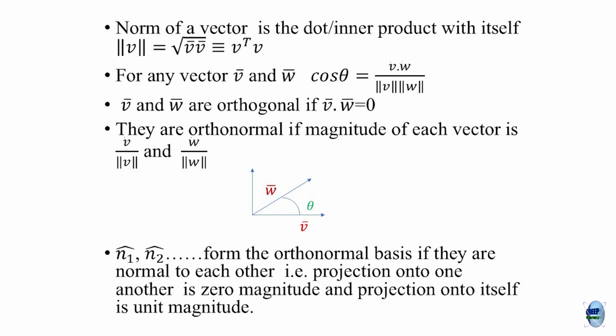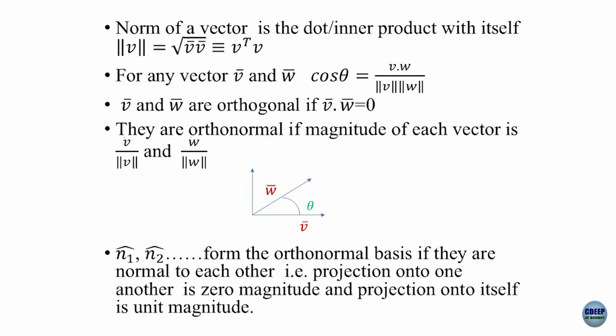And the reason why we are interested in the angle between the two vectors is because we want to talk about what are called orthogonal vectors. And if two vectors are orthogonal, then the dot product for the two vectors is going to become equal to 0. And two vectors are orthonormal if the magnitude of each of these vectors is also unity. You can make the magnitude unity just by taking the vector and dividing it with the magnitude of the vector itself.